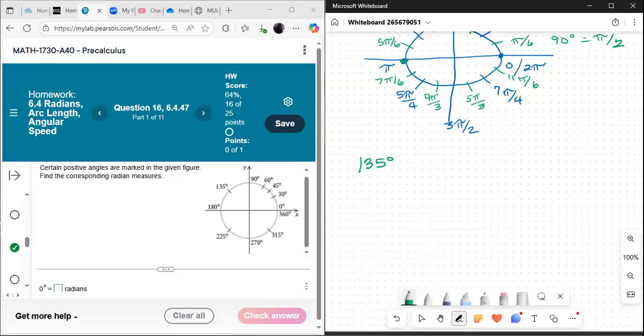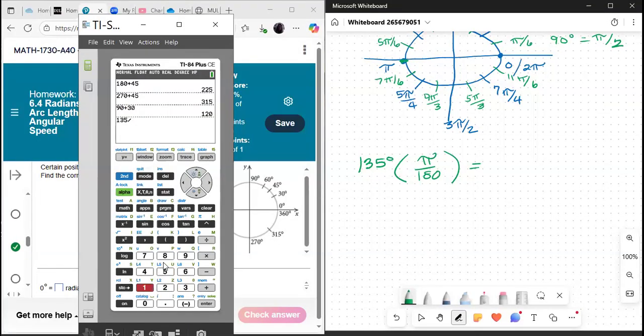So 135 times pi over 180. You don't have to sketch it out on a circle if you don't want. And then we use our calculator to simplify. So 135 divided by 180, math, enter, enter, and we get 3/4 pi.